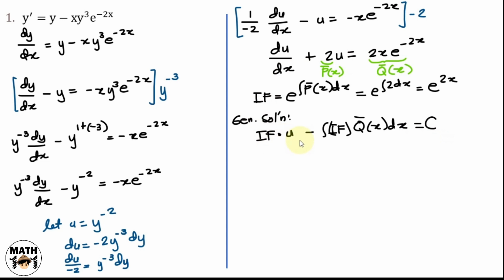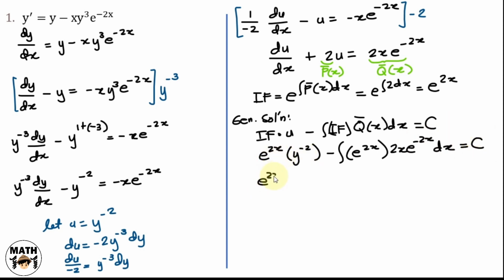Palit natin to, e raised to 2x multiplied by u, that is y raised to negative 2, minus the integral of e raised to 2x multiplied by q as a function of x, 2x e raised to negative 2x dx equals c. We'll have here e raised to 2x over y squared minus, we can cancel this term kasi magiging 1 lang siya. Then ang matitira is 2x dx equals c.